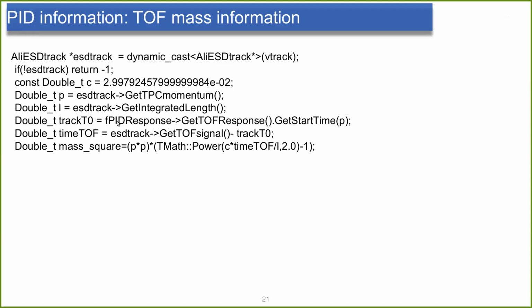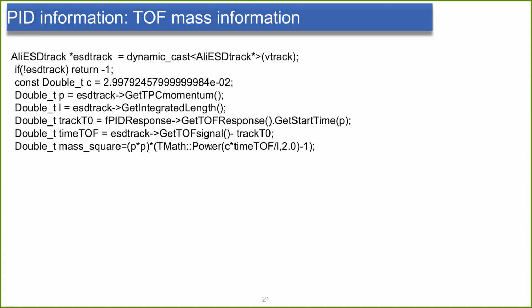What we need to do is calculate the time of flight of the track, and for that you need a start time and an end time. The start time you will get from the T0, from the PID response, and you also get the end time by just calling the TOF signal.